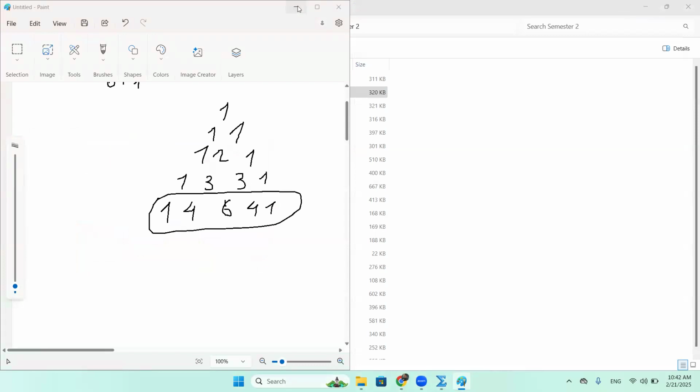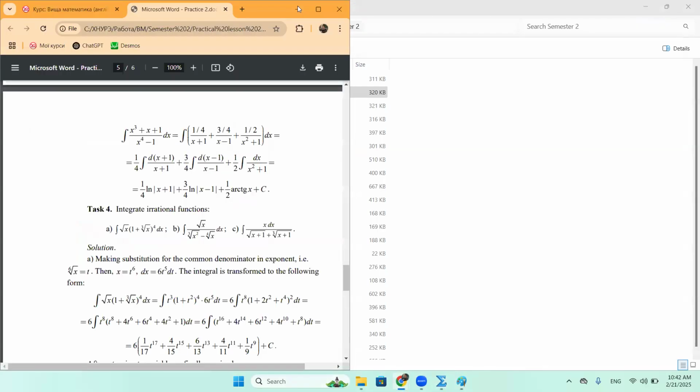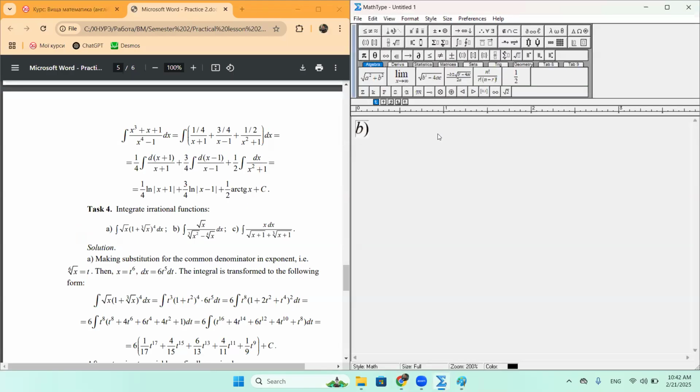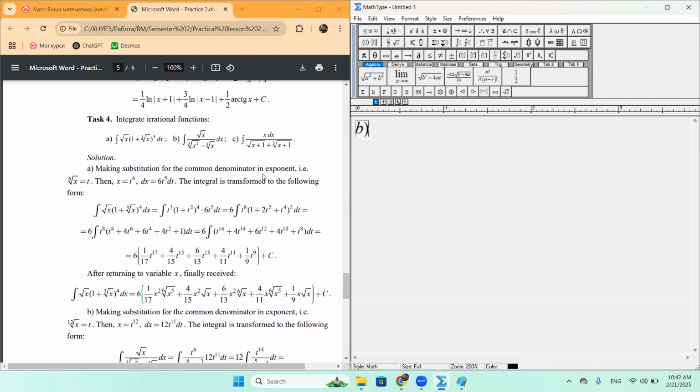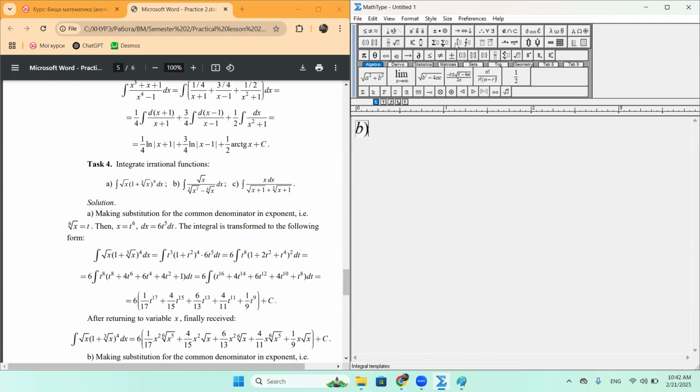This panel is a little bit annoying. So B, so then, oh, okay. Do we have time for B? Okay, let's do B and C. Yeah, we have enough time.